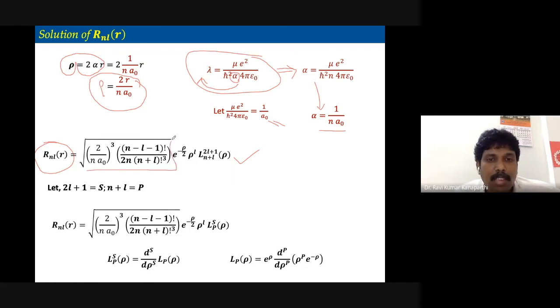This is a kind of normalization constant multiplied by e to the power of minus rho by 2, multiplied by rho to the power l. This is not 1, this is l. And then capital L, with suffix n plus l and superscript 2l plus 1, of rho.